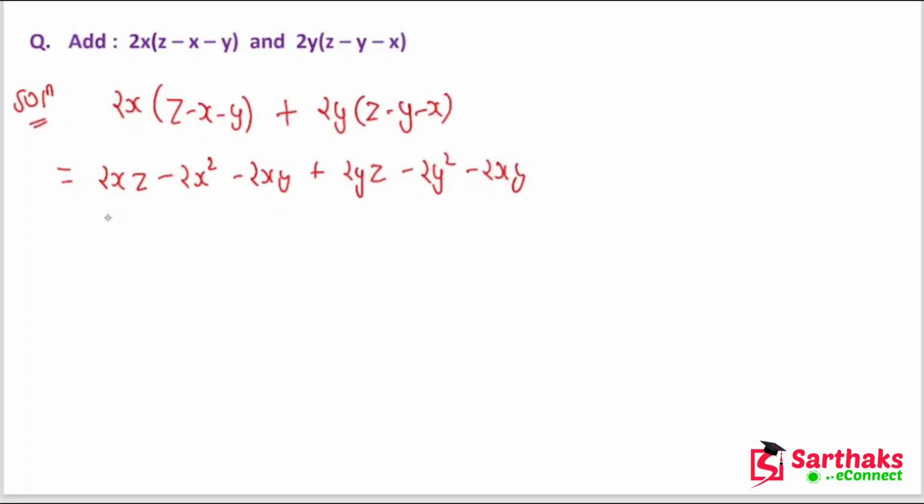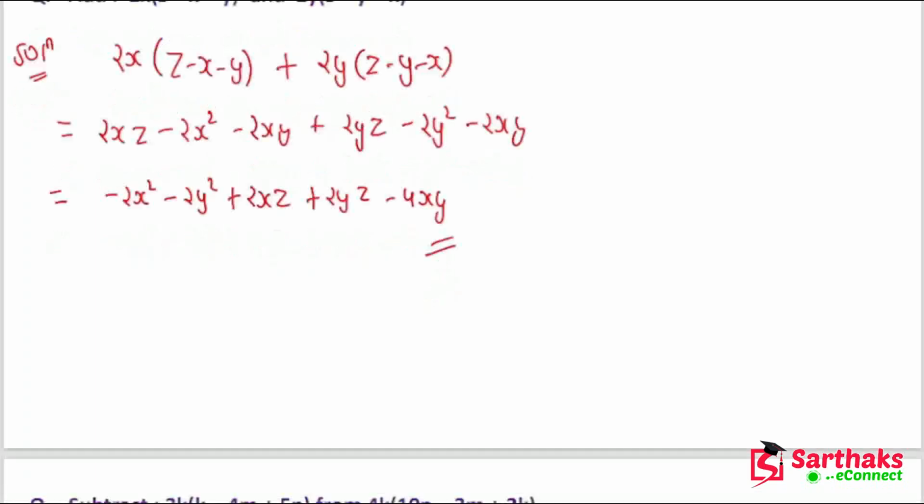If you calculate them, minus 2x square does not have any like terms, so write it like this. Similarly minus 2y square. Now 2xz, and we do not have another xz, so plus 2xz would also be like this. 2yz also does not have any like term, but minus 2xy and minus 2xy can be added since they are like terms, so they would be minus 4xy, and this would be the final answer. So you can clearly see that we can calculate the questions very easily using this technique of monomial into binomial or trinomial. We just multiply them element wise. Let us move on to the next question.